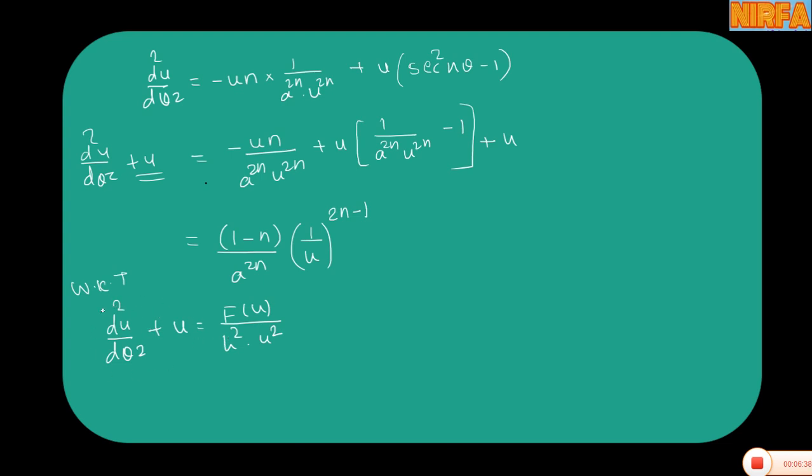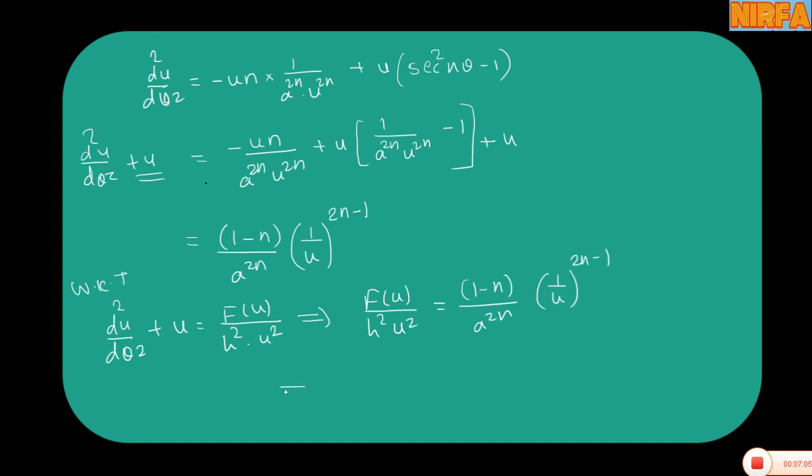So the left hand side is ready to use, and therefore from these two equations we can write f of u divided by h square u square is equal to 1 minus n divided by a raised to 2n, and this can be written as 1 upon u raised to 2n minus 1.